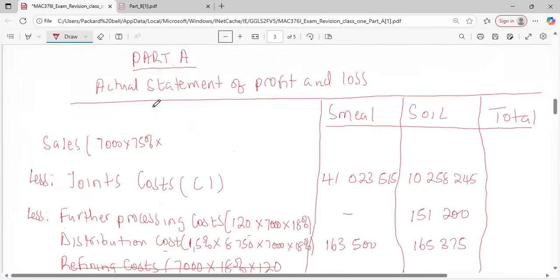So which means this one is going to be times 8,250. Then we have 7,000 times 18% times 8,750. So these are the selling prices. How much are we going to have for S meal?